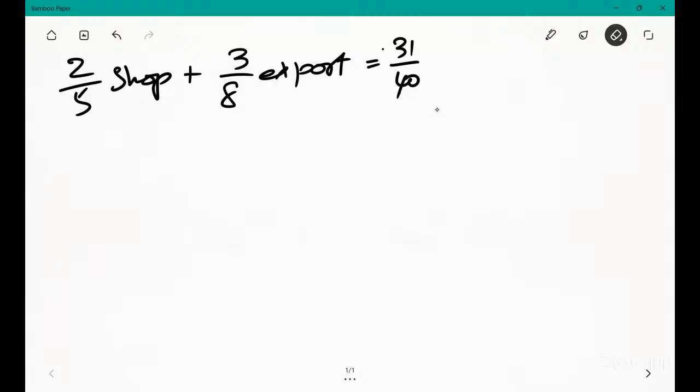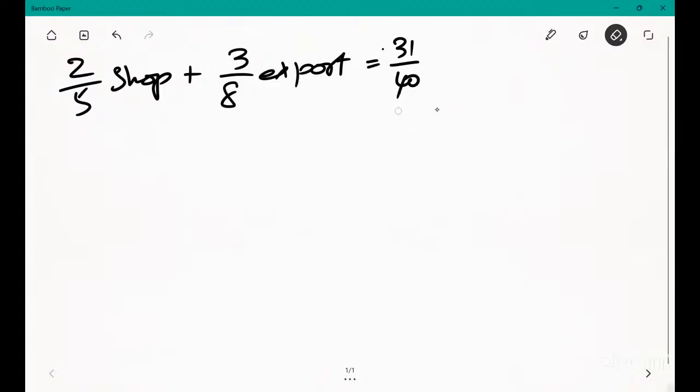So here you can see we kept 2/5 allocated for, sorry, the 1/3 of the remaining.